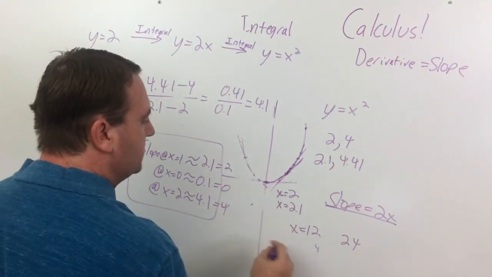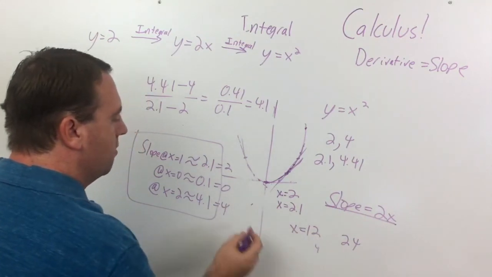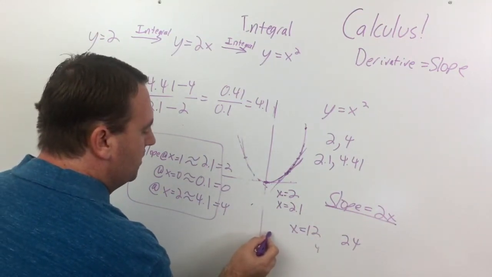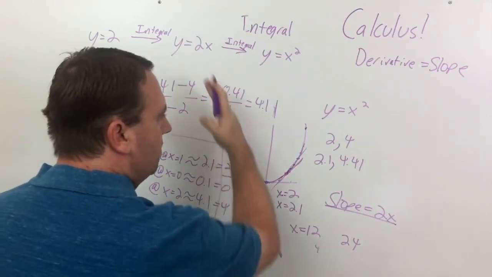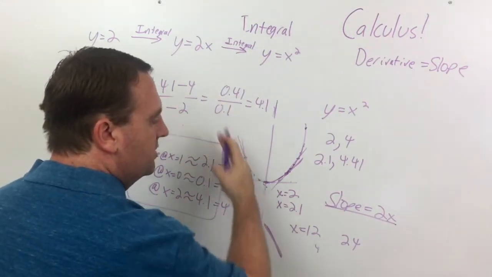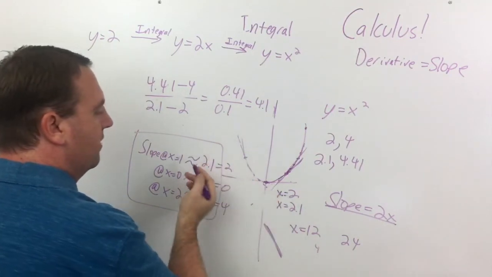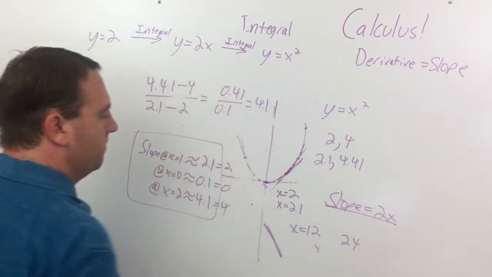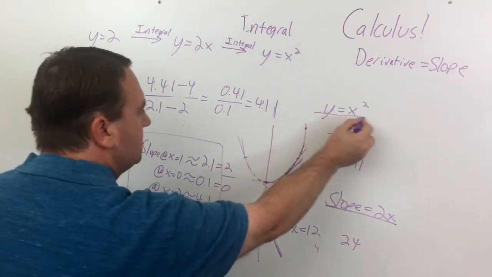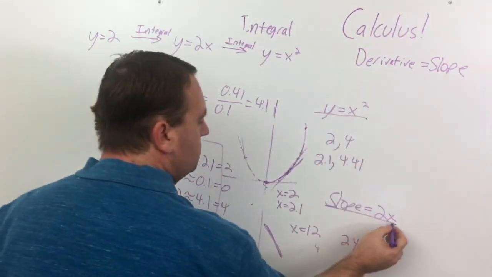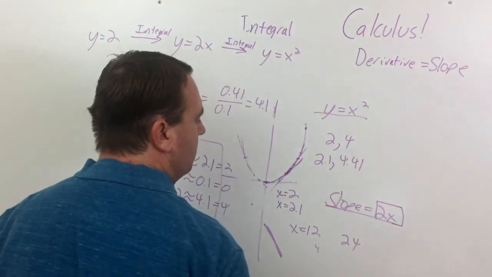If you look at just x equals -1, well, the slope is -2. So that's about like that. So you notice on this side of the curve, the slopes go this way. They're negative because they've got negative x values. So if I start with y equals x squared, the slope is 2x.